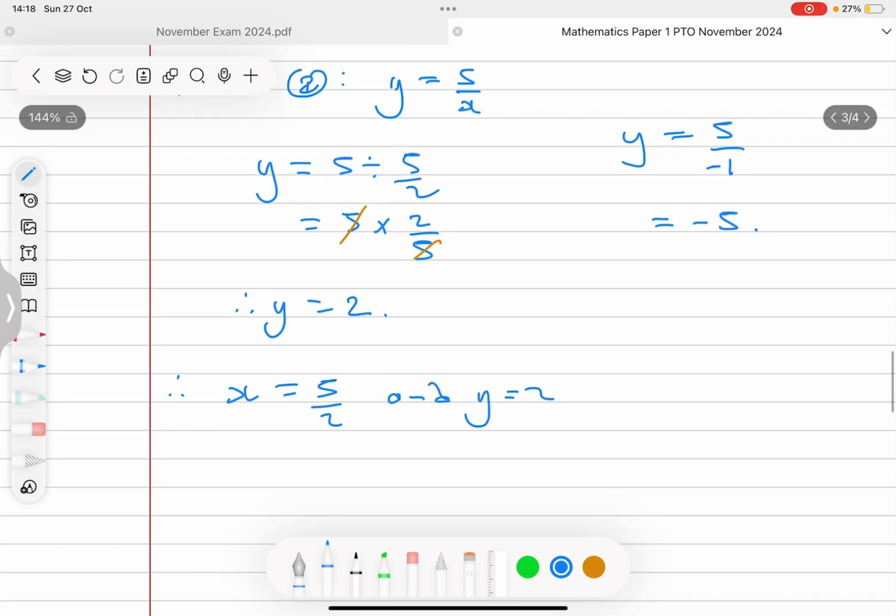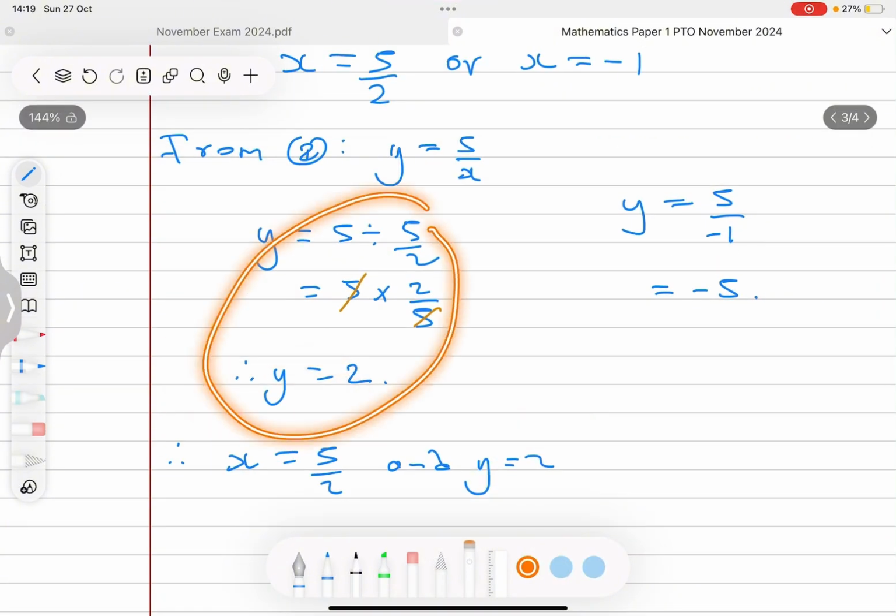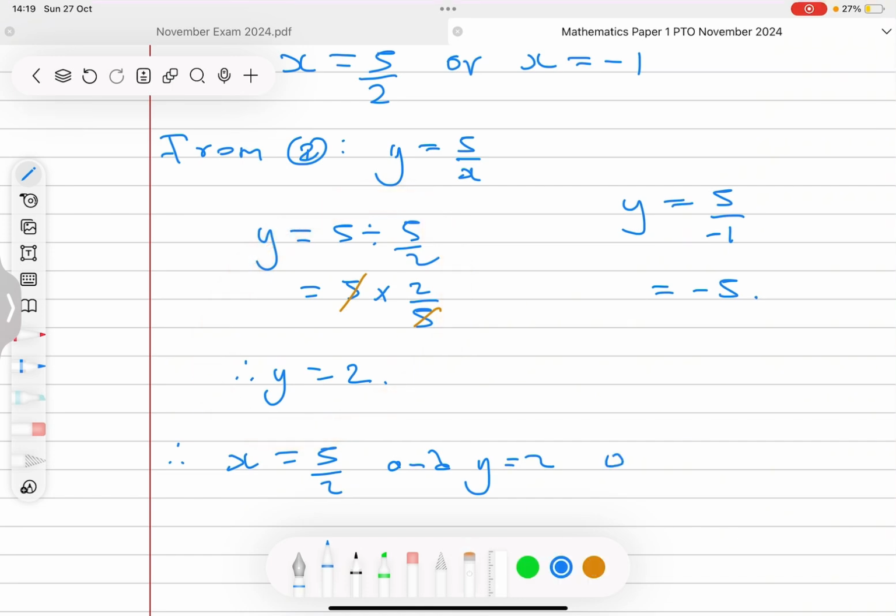Remember that when x is 5 over 2, the y is 2, is this part here. So they go together, right? Or this is how you should write your final answer. X is equals to negative 1. And when this is the case, when x equals negative 2, then the y is equals to minus 5.